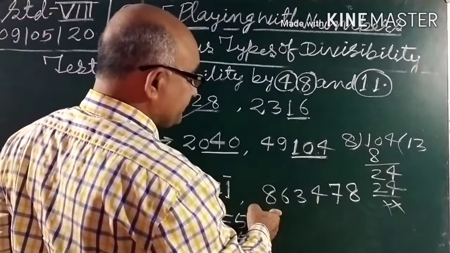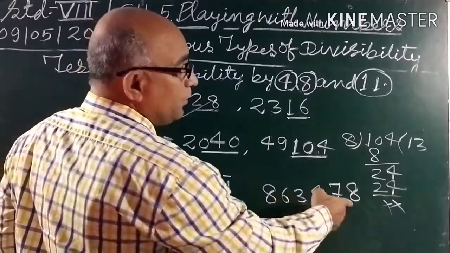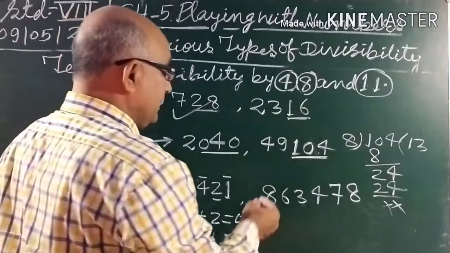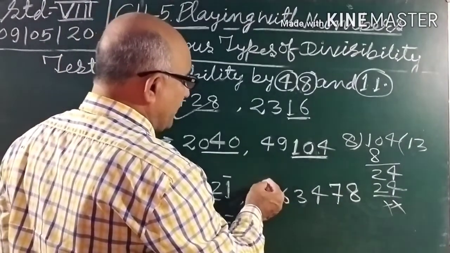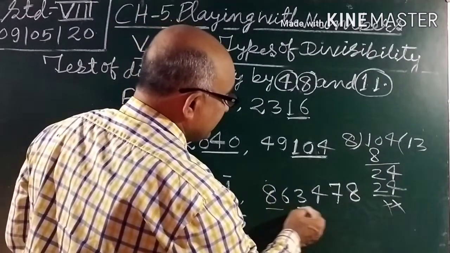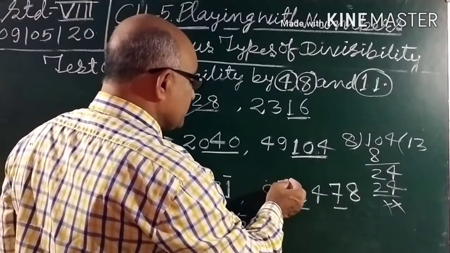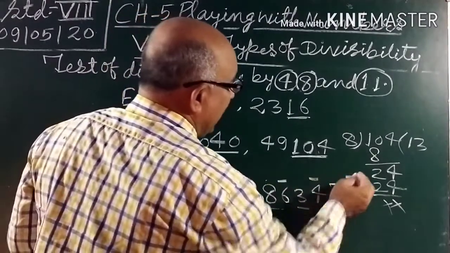Next number here, 8,63,478. In this number, odd place digits are 8, 3 and 7. Even place digits are 6, 4 and 8.